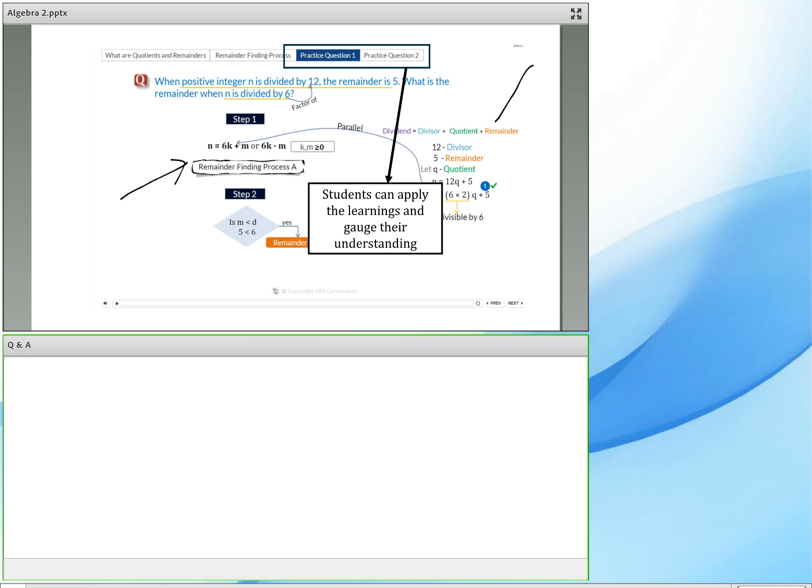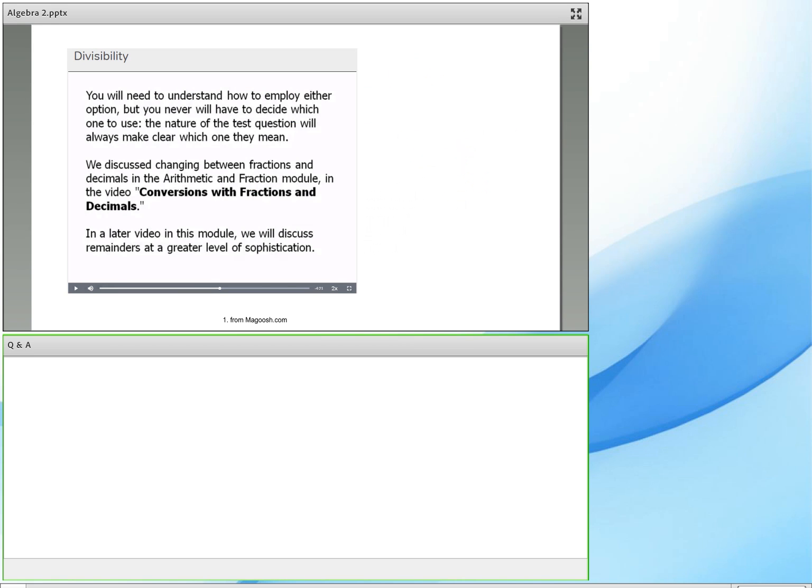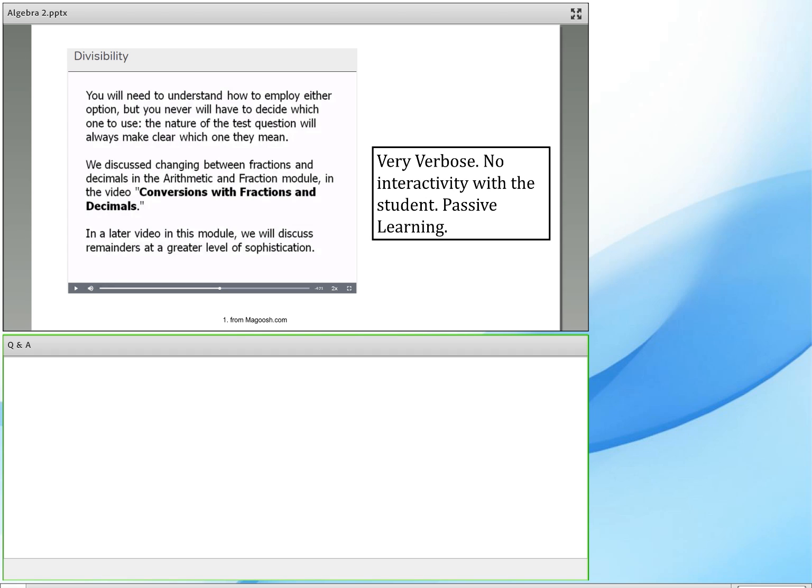So we provide the right information to you at the right time. Okay, so you learn a concept, you're able to apply it right then and there, and you see the right information at the right time. When you compare this to the Magoosh offering, what you're going to find is that this is very verbose. It's fairly passive, and there's no evaluation within the concept itself.